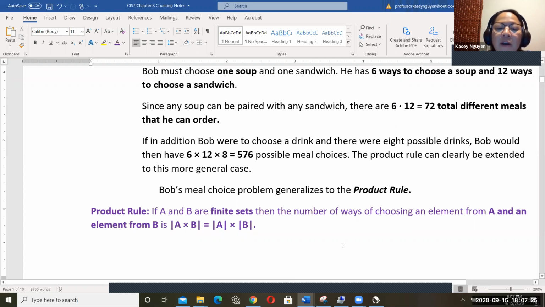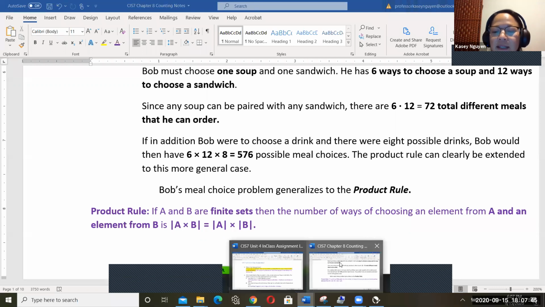Cardinality is the size of that set, the number of elements in each set. So A has 6 and B has 12. Therefore, Bob has 6 times 12, which gives us 72 variations of meals.